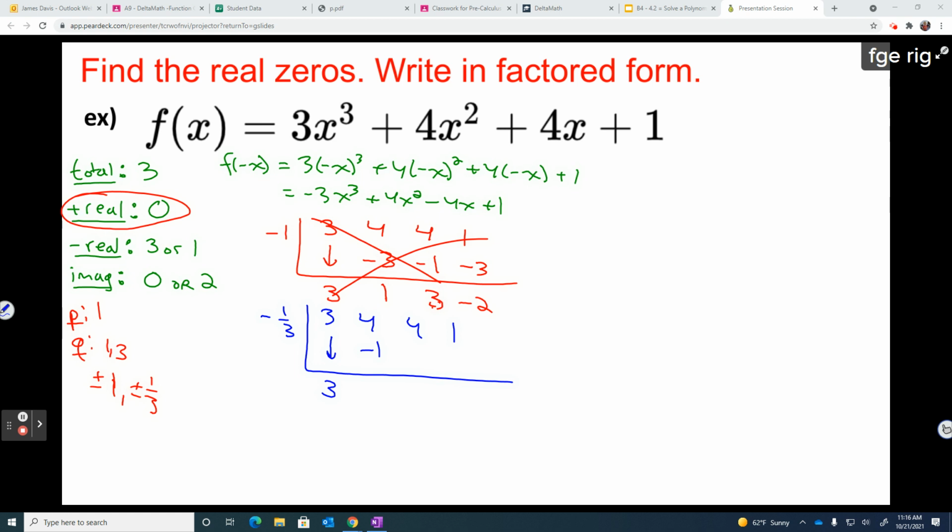So it ends up, all of them are pretty good numbers. 4 plus negative 1 is 3. So then what's 3 times negative a third? Negative 1 again. Add them up, we get 3 again. Just 3 times negative a third, it's still negative 1, hasn't changed yet. So it is 0. That's good. So negative a third is a 0.